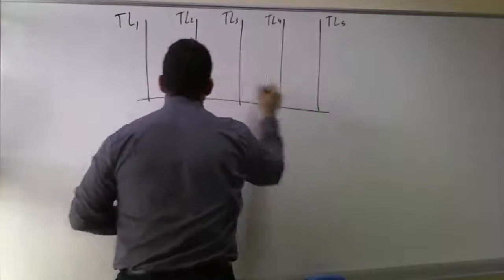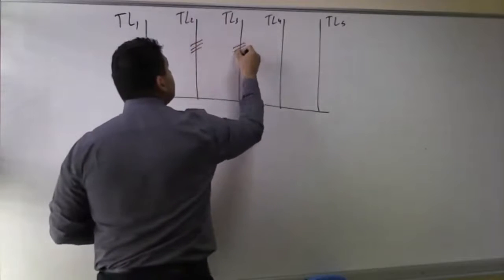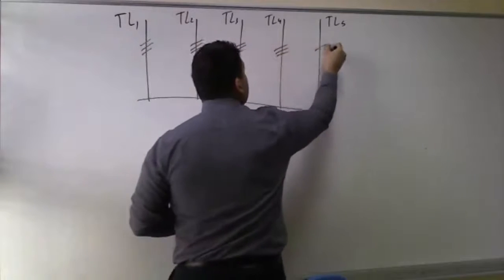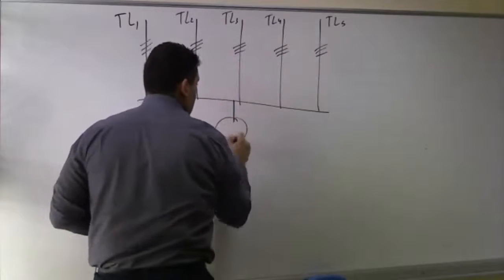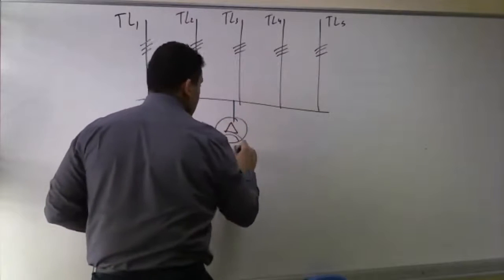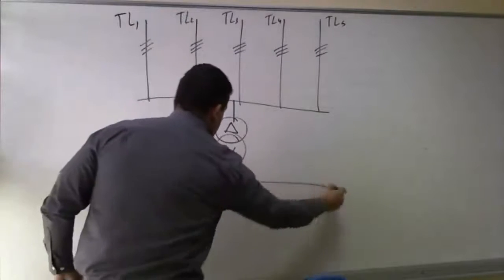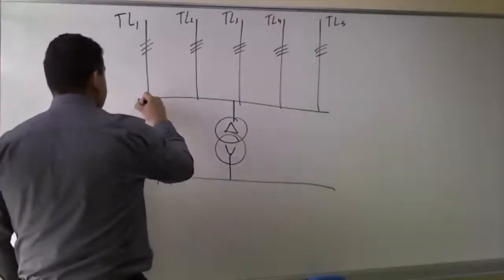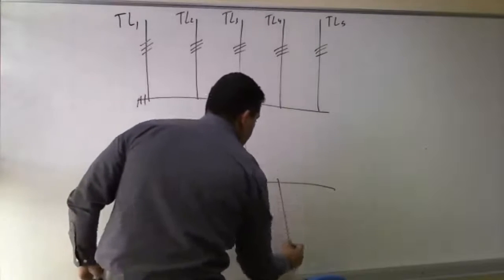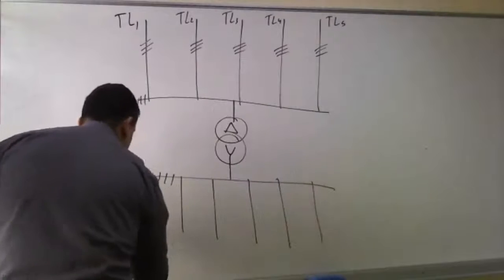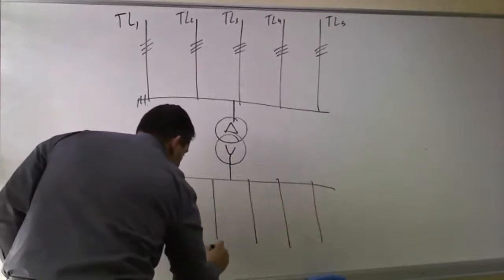All are three-phase systems. This is a single three-phase system. This is going to a transformer. And from the transformer, I have another bar, and I could have distributions. These are my distribution lines.